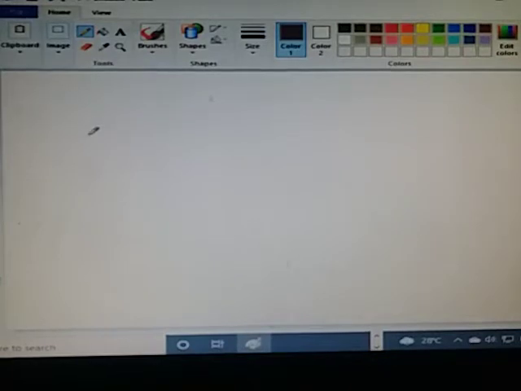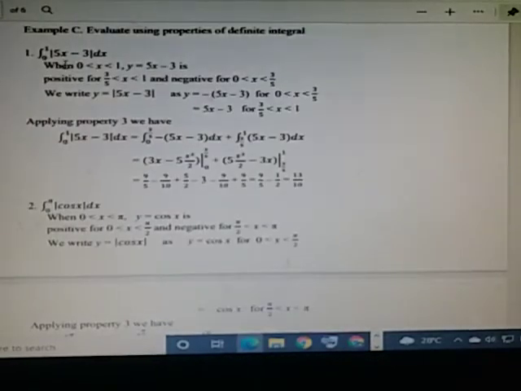Suppose we have the modulus of 5x minus 3. What is our function? It is 5x minus 3 from 0 to 1, so x is lying between 0 and 1.